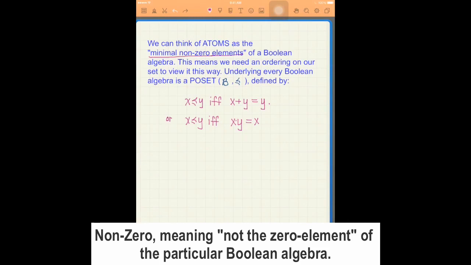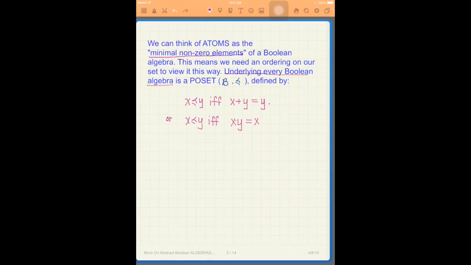So the underlying ordering of every Boolean algebra, for a poset, is defined by either this ordering, x plus y equals y, or x times y is equal to x, for any two elements in your set. This is how we're going to define our ordering. So that's the underlying order.